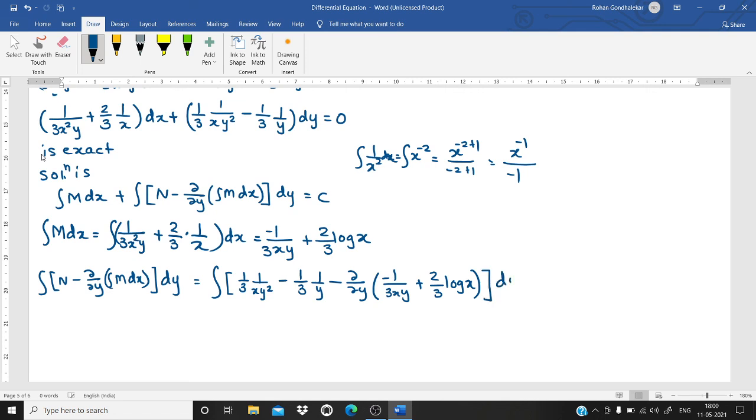Further integration is with respect to y. So this is integral of 1 upon 3 into 1 upon xy square minus 1 upon 3y. The minus n given inside, this minus and this minus become plus.